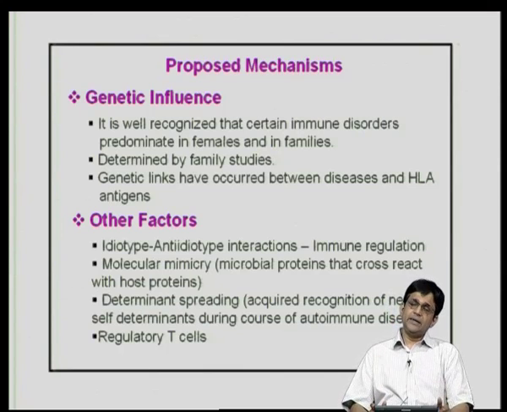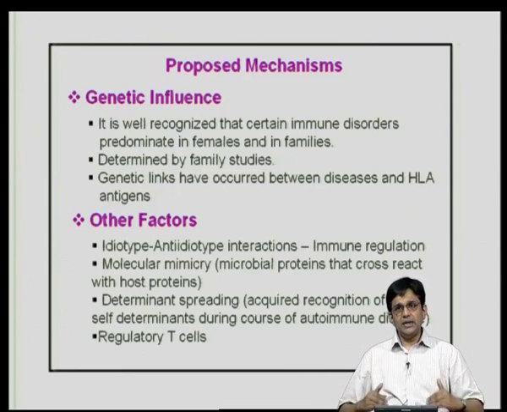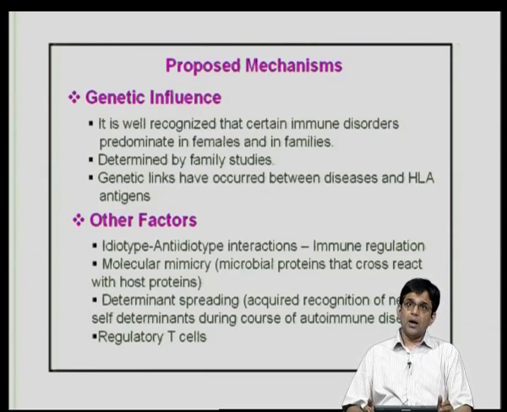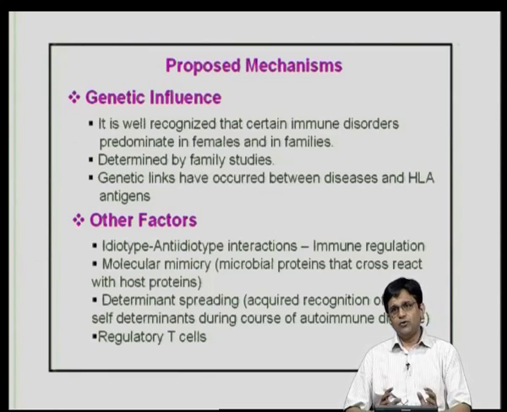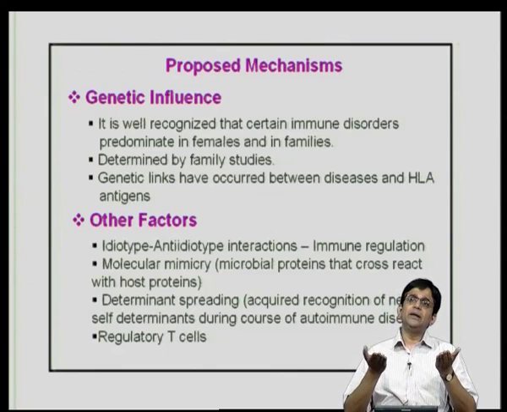Finally, regulatory T cells. By and large, one of the main mechanisms by which autoimmunity is kept under check is by regulatory T cells. In fact, what has been shown, and we covered a bit of it during our course on T cell subsets, is that if you remove regulatory T cells, the amount of autoimmunity increases.